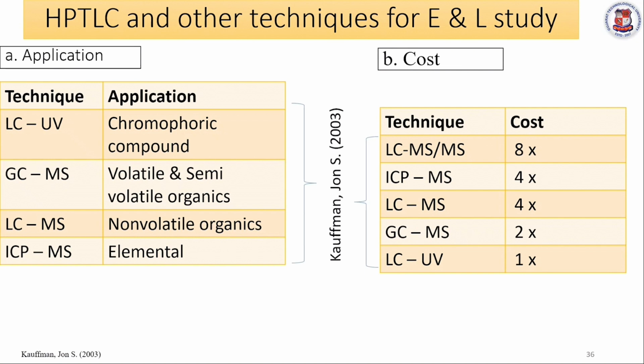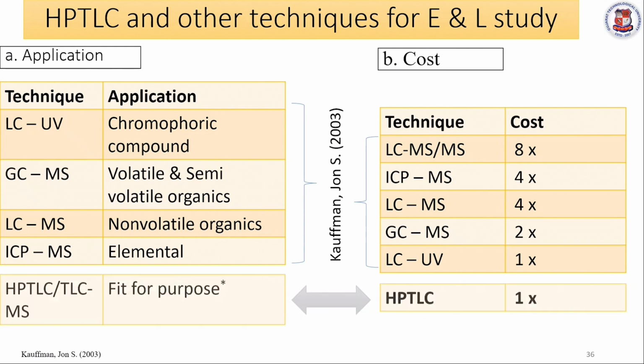When we compared this technique with others on application and cost, we came to know that LCUV and all these techniques have their limitations. Like in LCUV, a chromophoric compound is required, GCMS is for volatile compounds, LCMS for non-volatile compounds, and ICPMS is elemental.